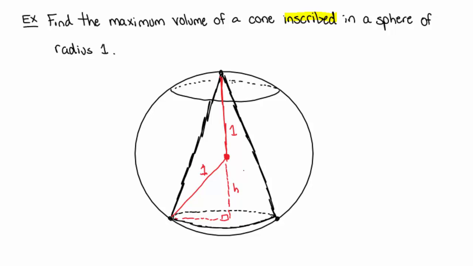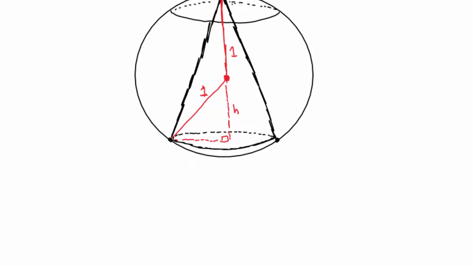So we've read it. We have redrawn it in a framework that is more familiar to us. And now I'm going to label the thing that I want to optimize. They want me to maximize the volume.